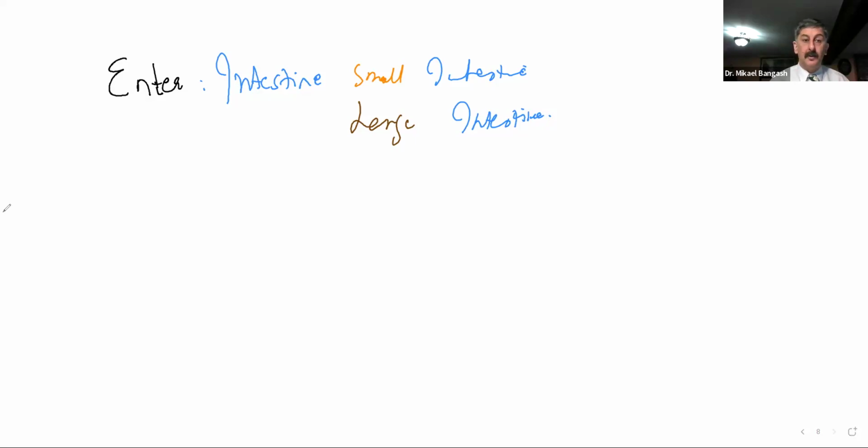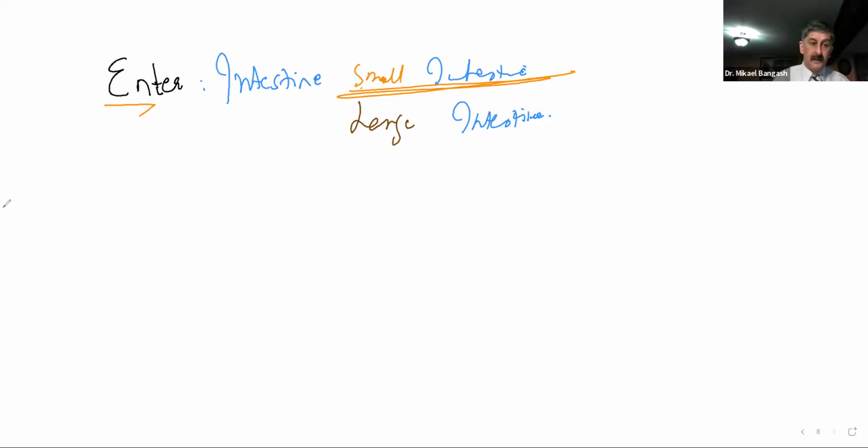It depends upon whether you're from the north or the south, or east or west. But whichever it is, we may have small or large intestine. Now, guys, when we use the word enter, that is going to be referring to the small intestine.